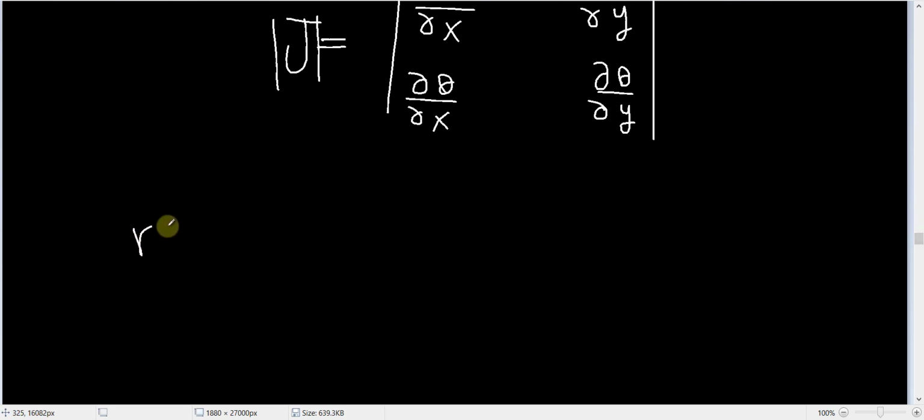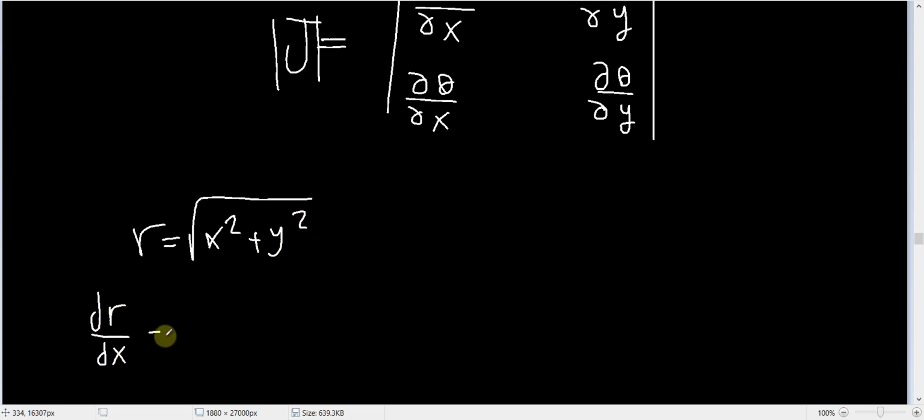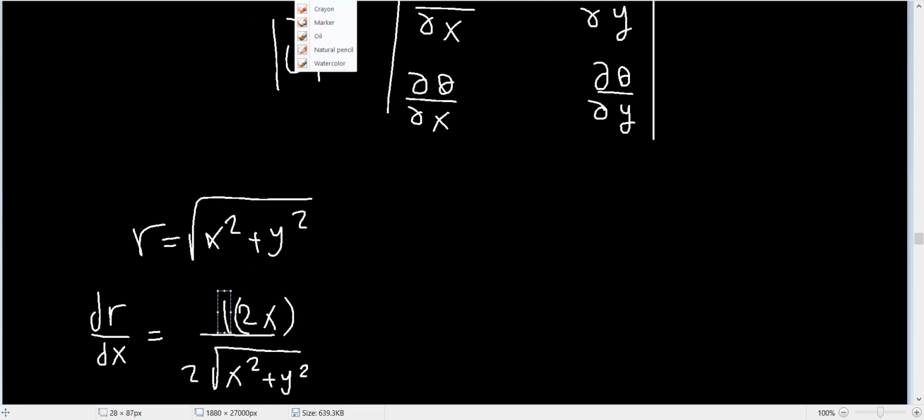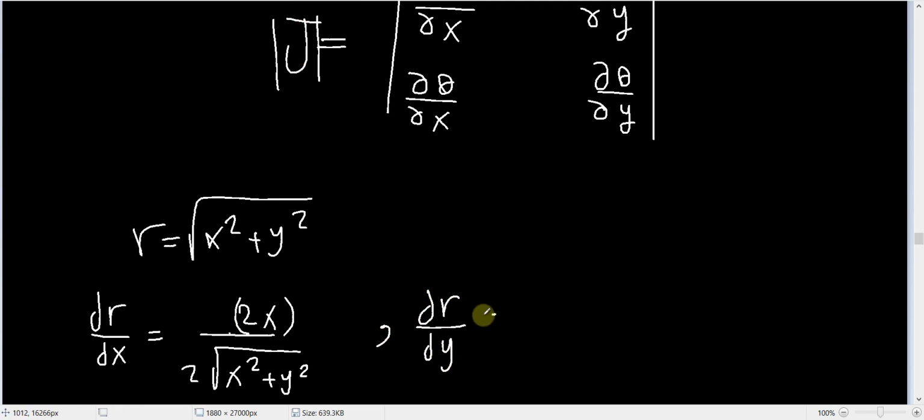So r is equal to the square root of x squared plus y squared. Now dr by dx is really equal to 1 over 2 multiplied by square root of x squared plus y squared, multiplied by 2x. Similarly, dr by dy will be equal to 2y multiplied by 1 over 2 square root of x squared plus y squared.